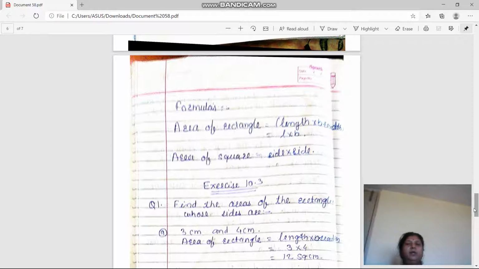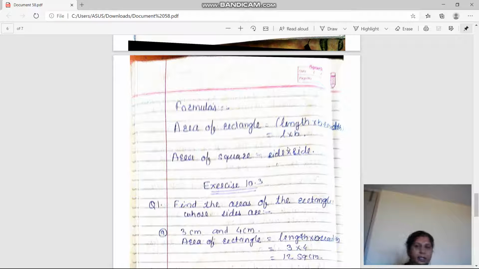First of all you have to write the formulas. So what is the formula for the area of a rectangle? Area of rectangle is equal to length multiplied by breadth. In short we can write L multiplied by B. Area of square is equal to side into side. Okay, so just revise fast. You have to remember these formulas anytime, and don't get confused between the formula of perimeter and the formula of area.